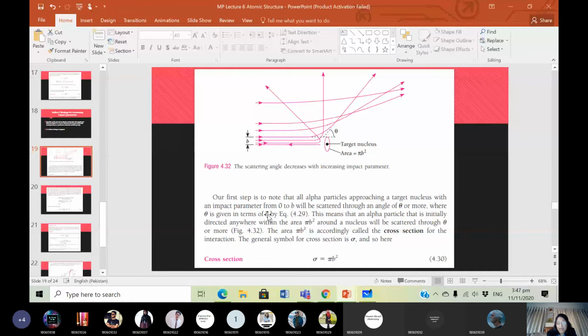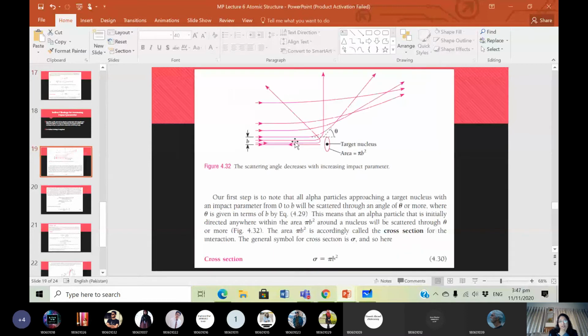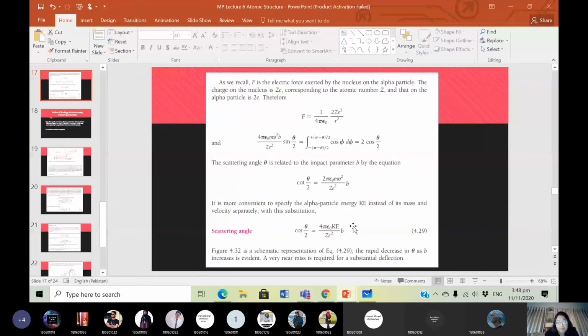We want to figure out what actually B is here, okay? It will be scattered through an angle of theta or more, where theta is given in terms of B by the equation. So we defined theta in terms of B. So if B is larger, if the impact parameter is larger, I think the theta should be smaller, right? No. It depends on how B varies with theta, according to our equation that we have over here.